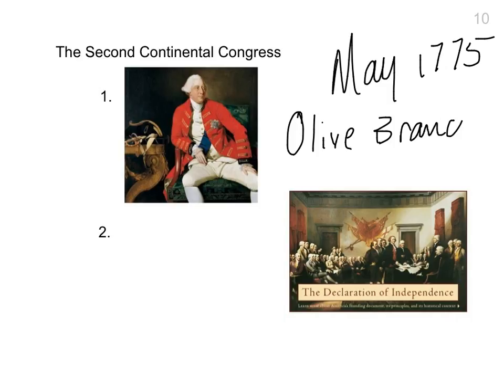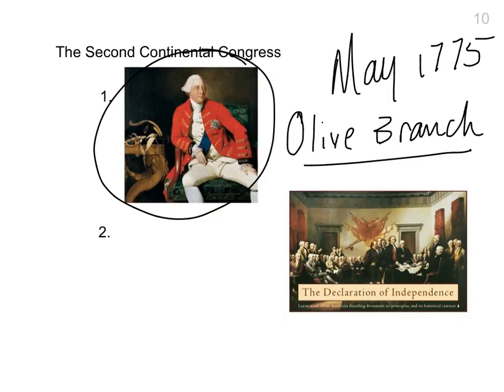The Olive Branch Petition, being a symbol of peace, is an attempt to reconcile with England, and they issue this to the king. They appeal to him as British citizens and say, can we please avoid all-out war? This particularly angers John and Samuel Adams from Massachusetts, because they don't see how all-out war can be avoided since they are already in all-out war. But they bide their time.